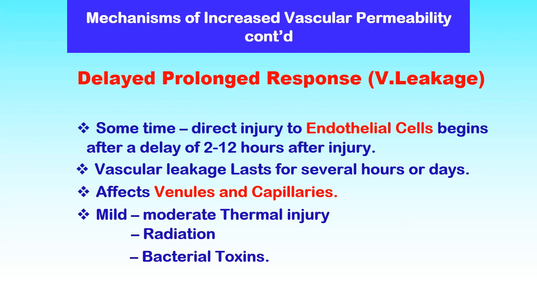Sometimes direct injury to endothelial cells begins after a delay of 2 to 12 hours after injury, and the vascular leakage lasts for several hours or days, occurs through the wall of venules and capillaries, as in cases of mild to moderate thermal injury, radiation, and bacterial toxins.